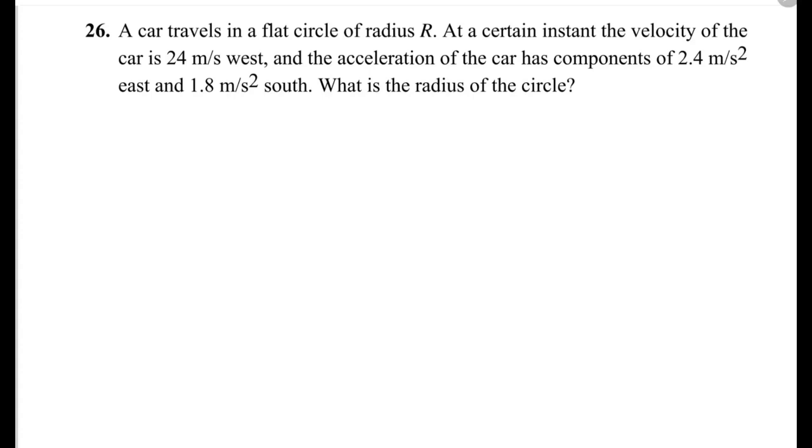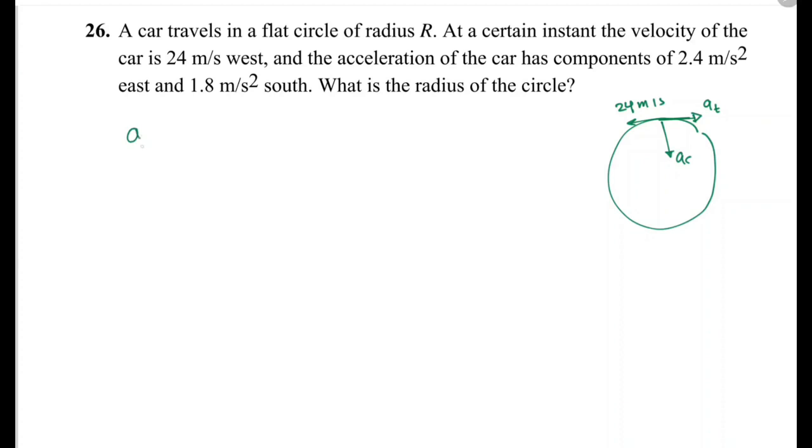What is the radius of the circle? So we have a circle right here, and at this point we have tangential acceleration and central acceleration, and the speed of the particle this way is 24 meters per second.